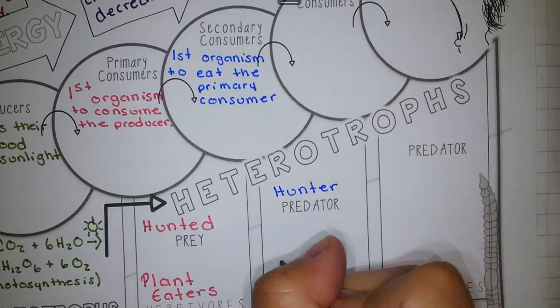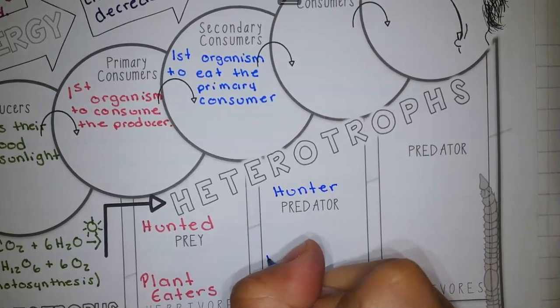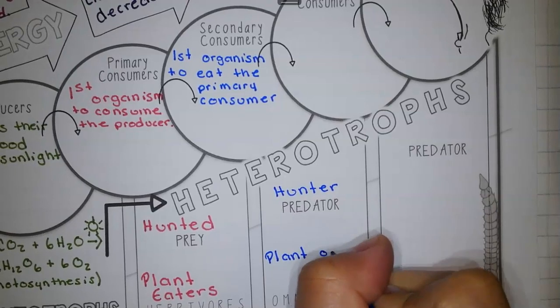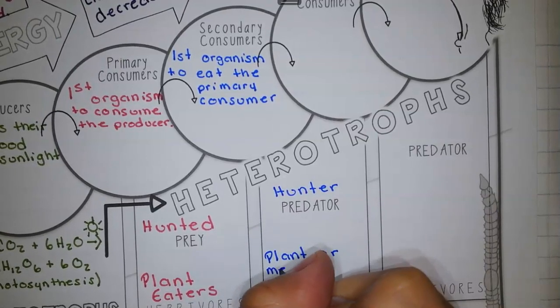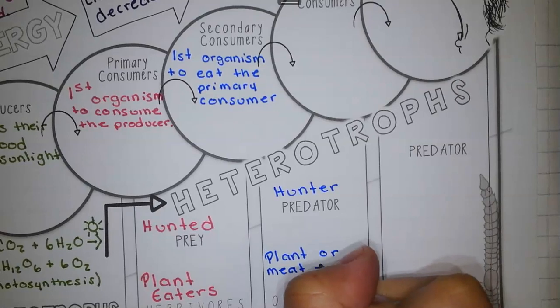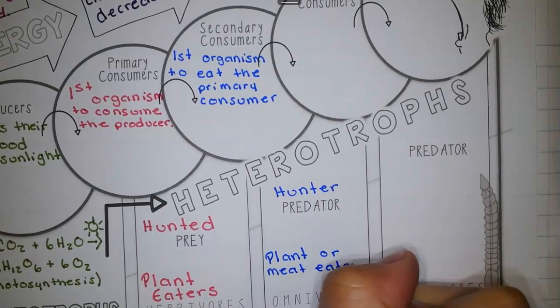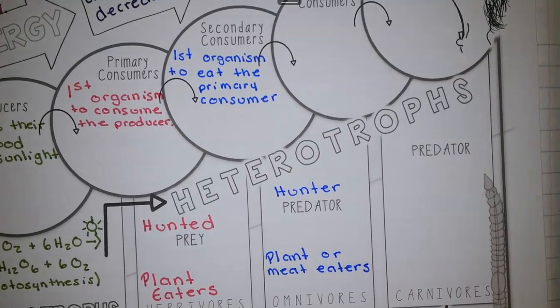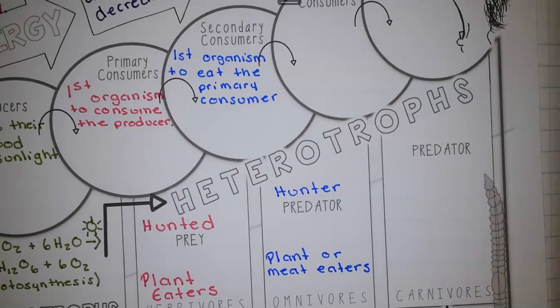This organism is going to be a plant or meat eater. They can eat plant or they can eat meat, and they are called omnivores.